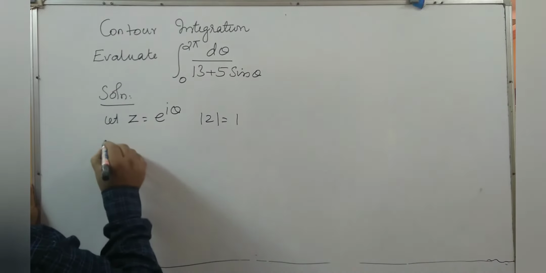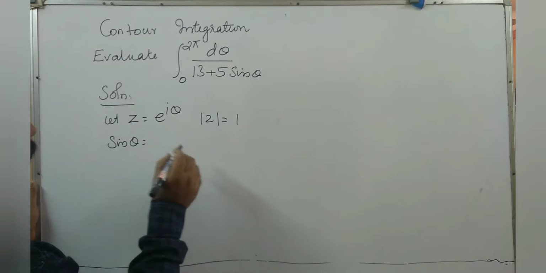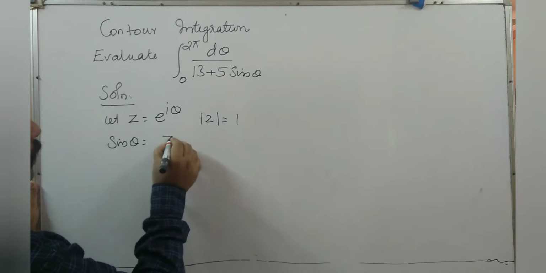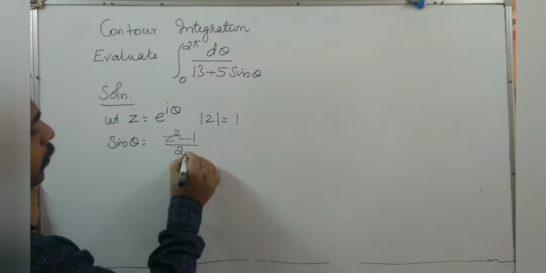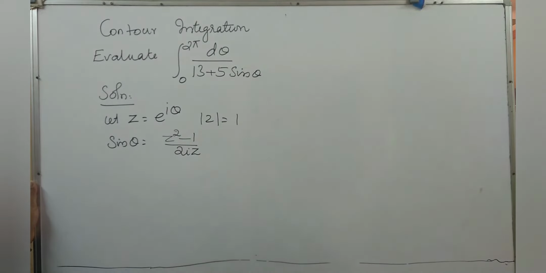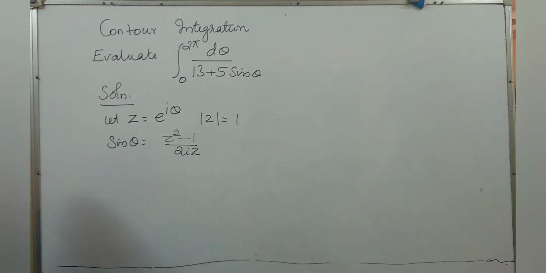Now sin theta is equal to (z square minus 1) divided by 2i z. This term contains only sin theta, so that is enough.